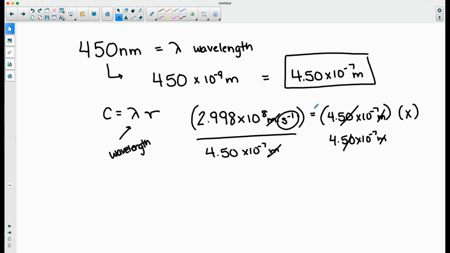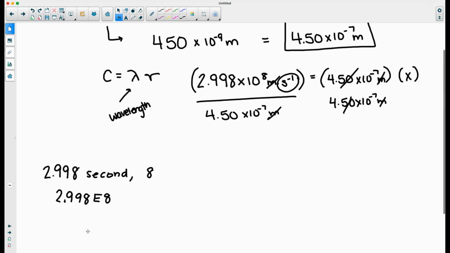Remember, if you're plugging scientific notation into your calculator and it's a graphing calculator, you are going to plug in 2.998, second, comma, 8, and then your screen is going to look like this. If you are on a scientific calculator, you are going to do the same thing.